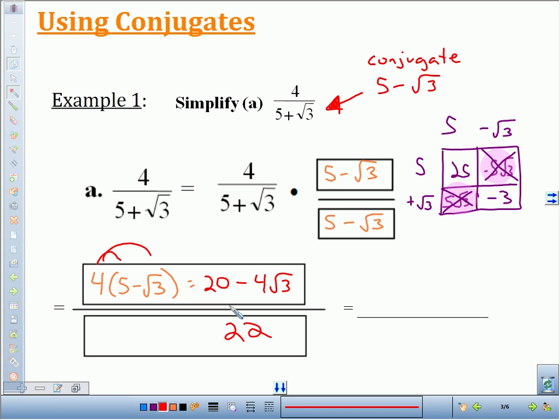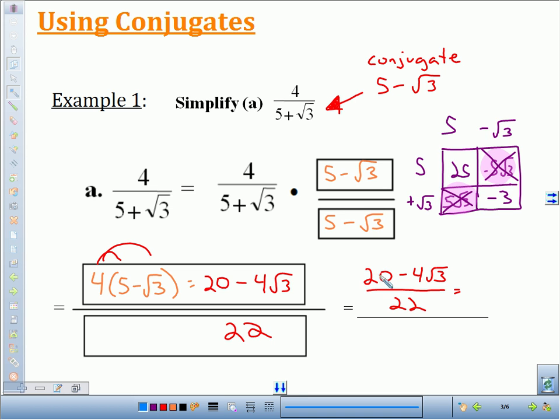25 minus 3 is 22. Now there is a simpler way to do this, and we'll see that in a minute. For now, though, we're not quite done. We have this fraction, 20 minus 4 times the square root of 3 over 22, which we need to simplify down to get our final answer.